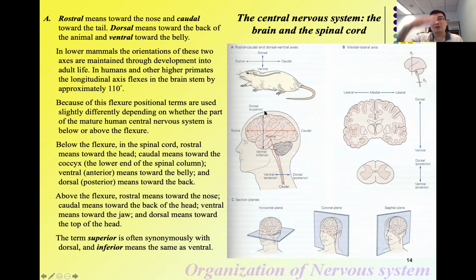Dorsal means the top. Ventral means the bottom. Now the nerve is a little bit different, because the nerve is straight. So this is the rostral side, this is the caudal side, this is the dorsal, and this is the ventral. So very simple. It's just how you describe it.